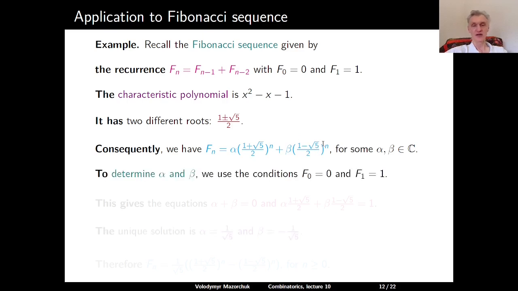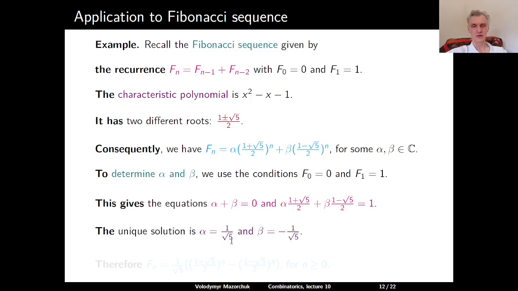To determine alpha and beta, we use our initial conditions that f_0 is 0 and f_1 is 1. So this gives us two equations. f_0 is 0 gives us the equation alpha plus beta is 0, and f_1 is equal to 1 gives us that alpha times (1 plus the square root of 5) divided by 2 plus beta times (1 minus the square root of 5) divided by 2 is equal to 1.